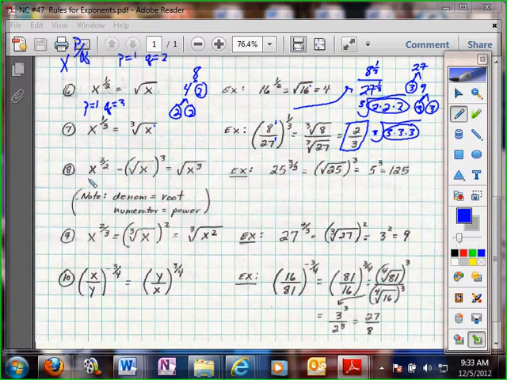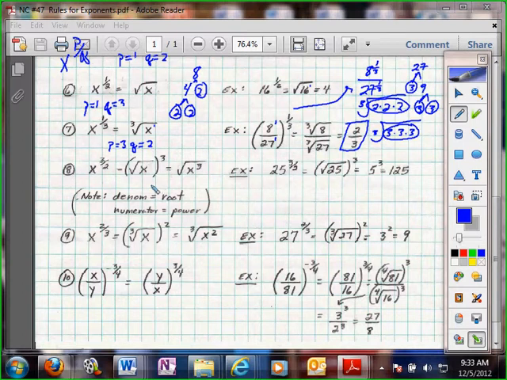Number 8, I have x to the power of 3 halves. Here, p is 3 and q is 2. So that's going to be the square root, because q is my index number, to the power of 3. Another way to write that is the square root of x to the third.